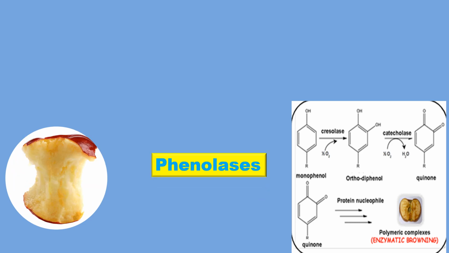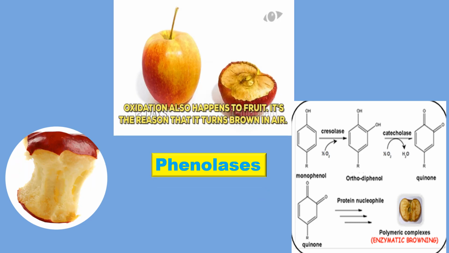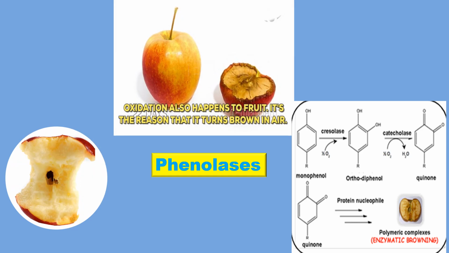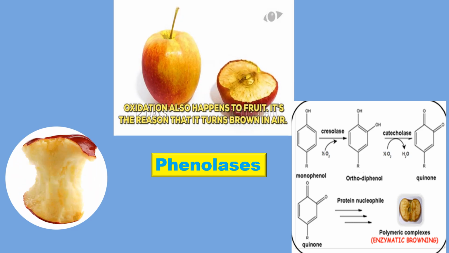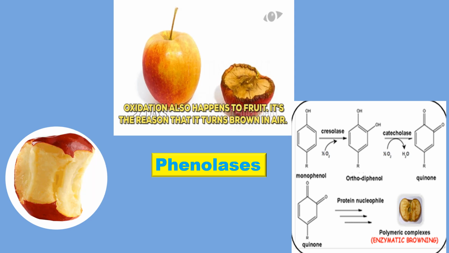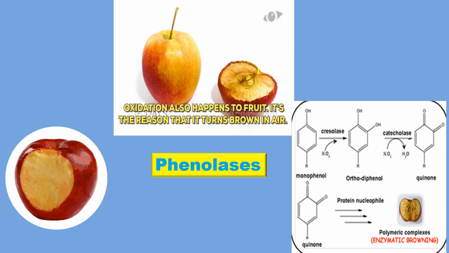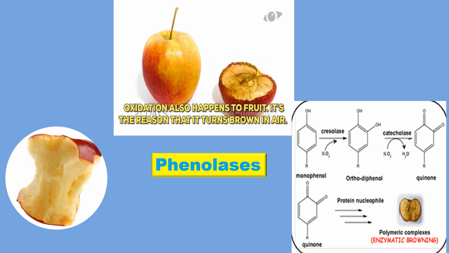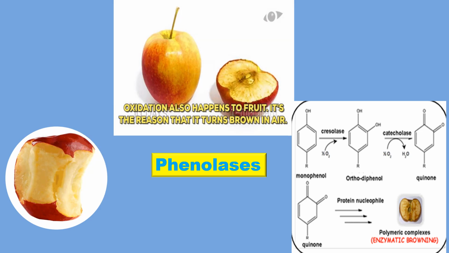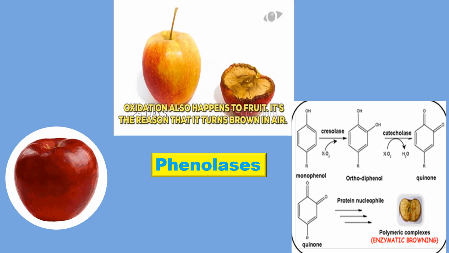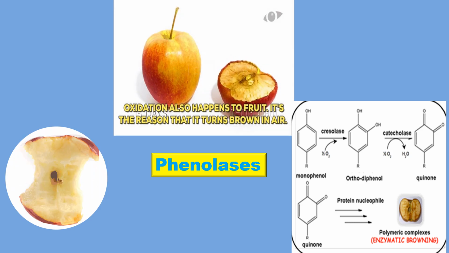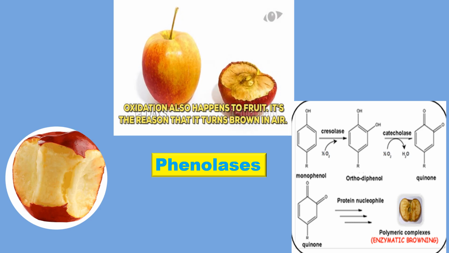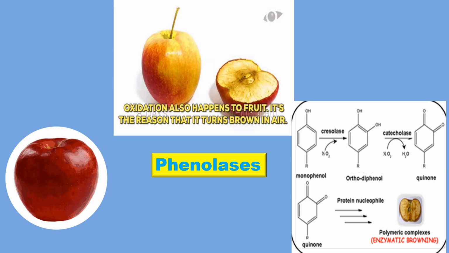As you can see in this picture showing the sequence of reactions, a monophenol undergoes changes to orthodiphenol and quinone, ultimately forming polymeric complexes of melanin. The entire sequence of reactions is called enzymatic browning. The basic process, however, begins with oxidation.